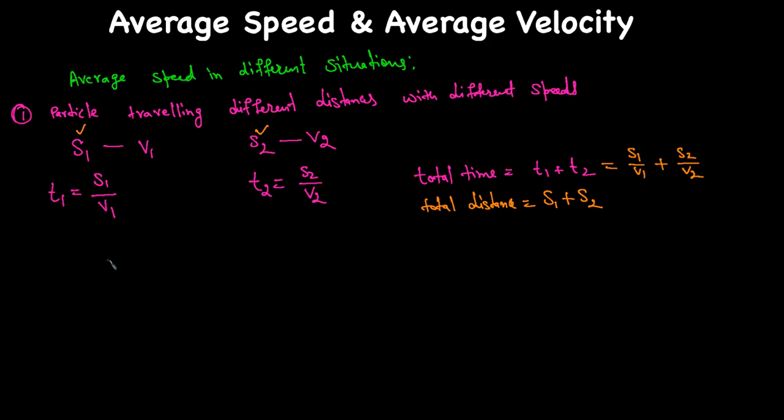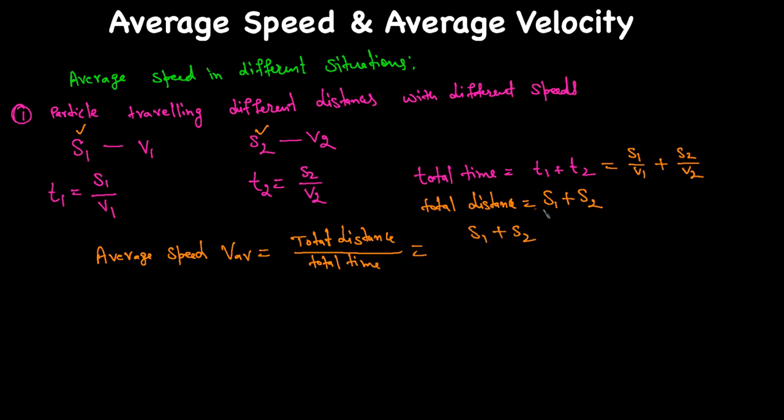So the average speed of the particle, v average, is total distance over total time, which is s1 plus s2 over s1 over v1 plus s2 over v2. That's the formula for average speed.